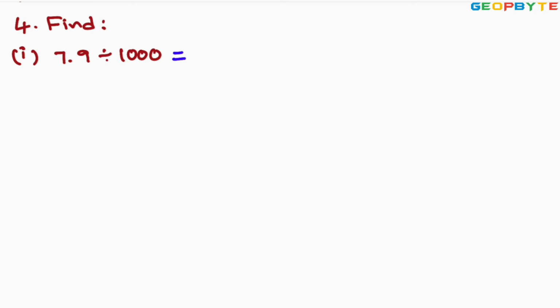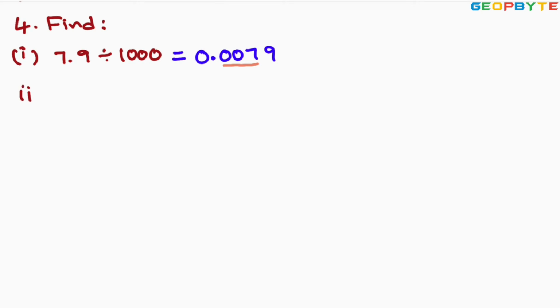So if we shift the decimal point towards left by 3 places, then we'll be getting 0.0079. Initially the decimal point is after the 7, now we shifted it towards left by 3 places. So we are getting 0.0079.